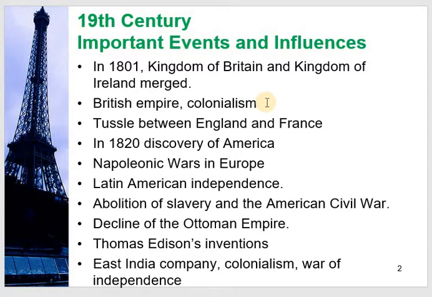On the other hand, they colonized 13 states of America. England colonized Australia. England also occupied some parts of China, especially coastal areas, and it also occupied African countries.